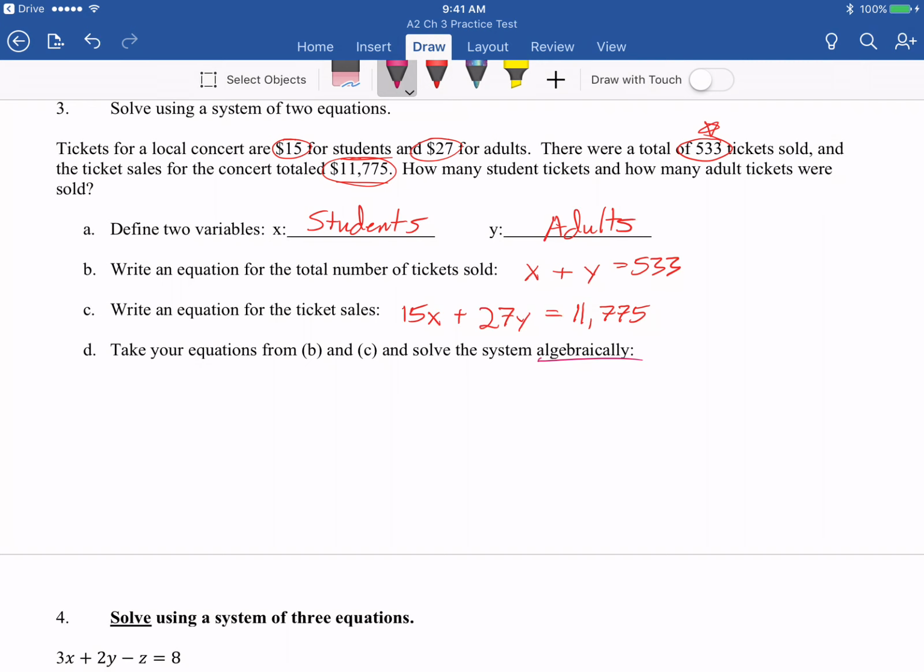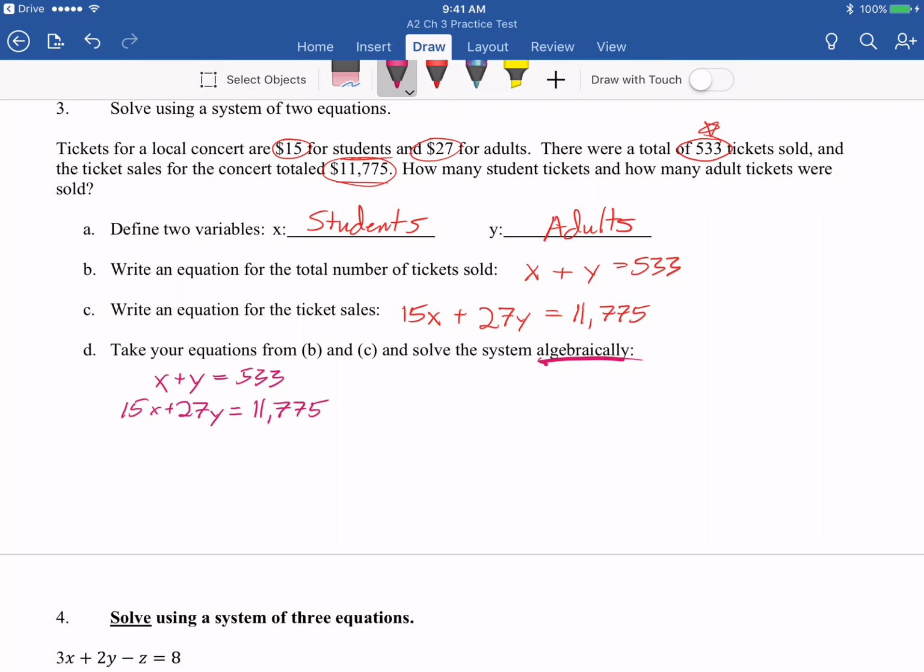All right, so you can rewrite these two equations down here. X plus y is equal to 533. And 15x plus 27y is equal to 11,775. All right, now you have to solve this algebraically by either substitution, elimination, doesn't matter.